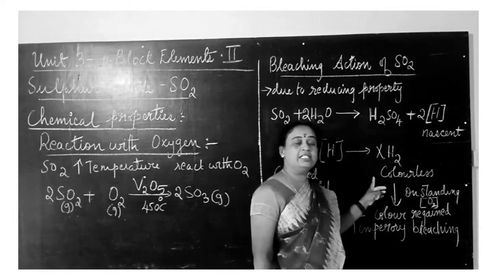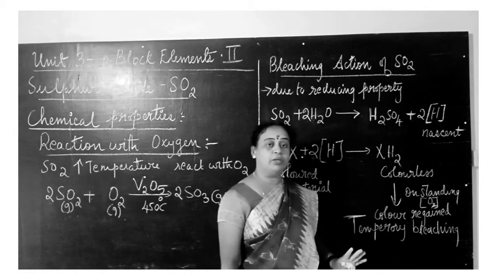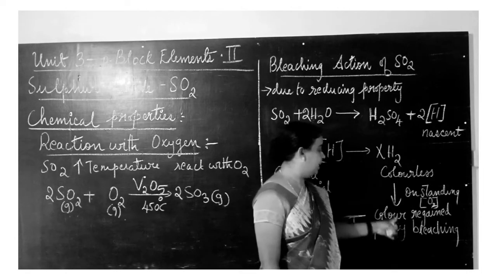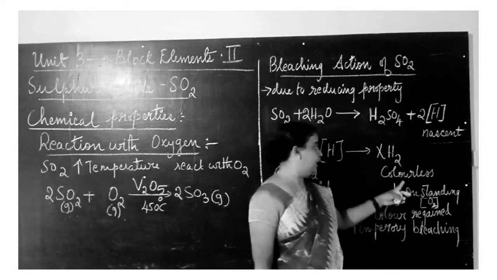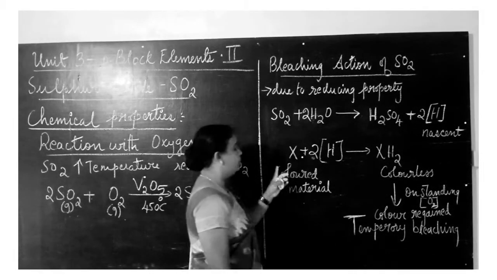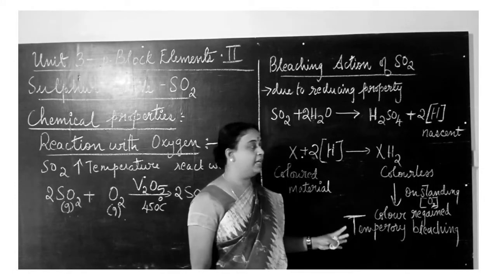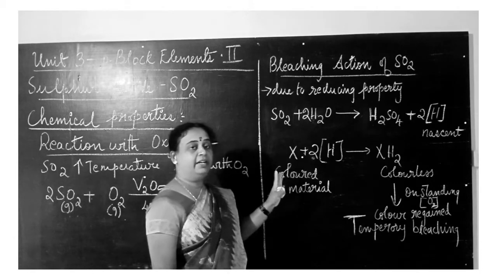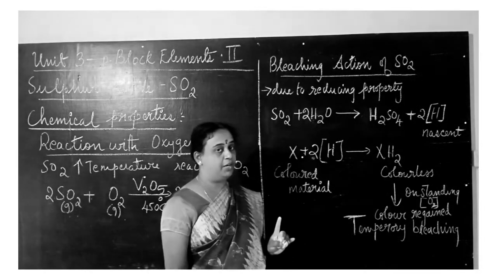Because colorless materials, on standing for a long time in atmospheric oxygen, further get oxidized and get colored. The color is regained there. So that is why the bleaching action of sulfur dioxide is temporary bleaching. Here sulfur dioxide's bleaching action is due to the reducing property of sulfur dioxide.